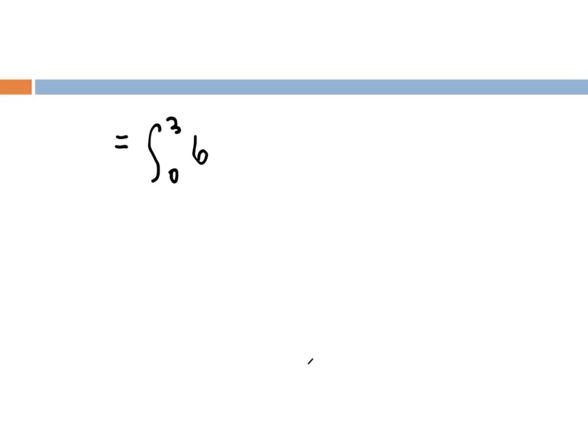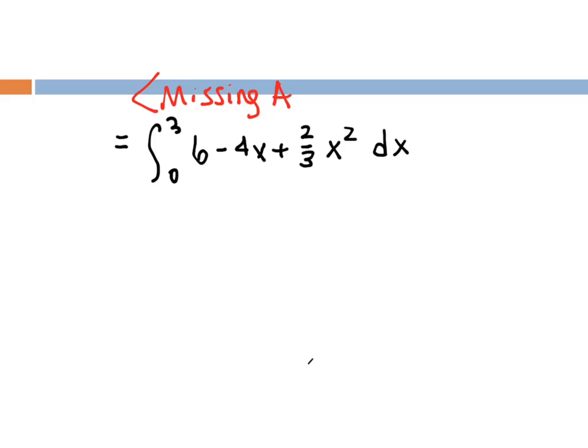And I end up getting 6 minus 4x plus 2/3 x squared dx. And I'm going to write in here that when you're working this out, there's some missing algebra that we would actually have to do, and we're just skipping that step for the moment, but you're going to have to do that on your own when you work the problems out.